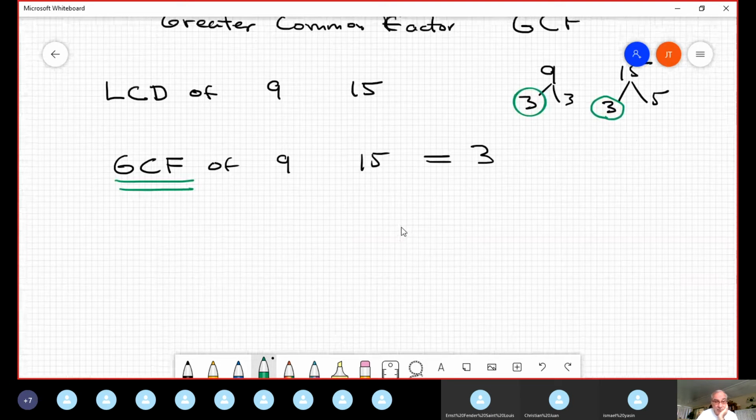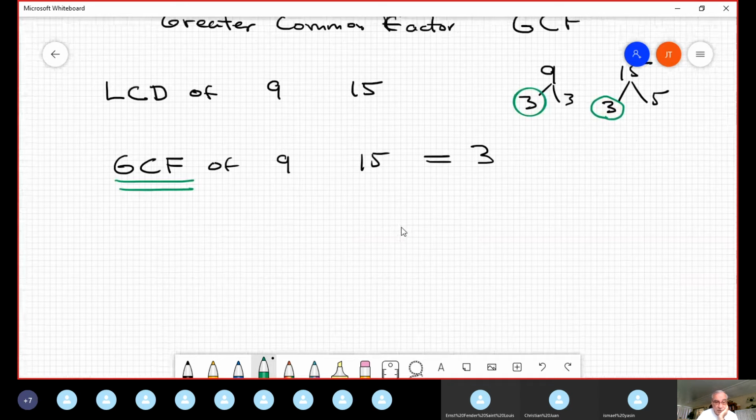You multiply by 1, by 2, by 3, by 4, by 5. 2 times 9, 18. 3 times 9, 27. 4 times 9, 36. 5 times 9, 45.